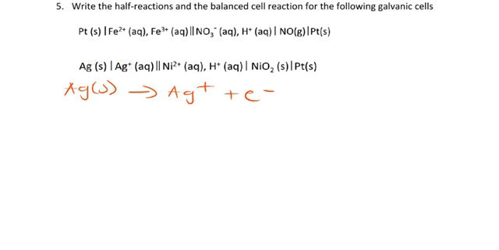On the other side, reduction. So nickel 2+ gains a hydrogen, that is reduction in itself, giving us NO2. Is it balanced? Not at all. We need to balance by adding something.